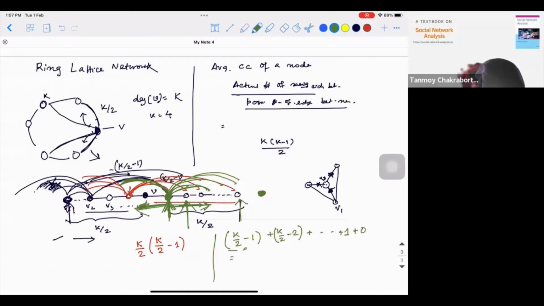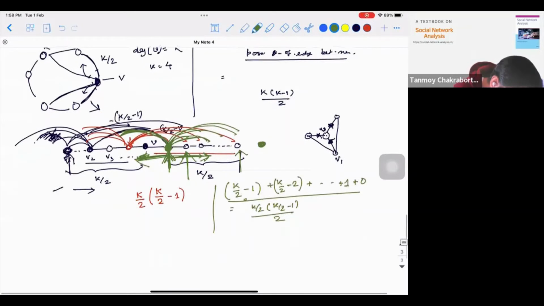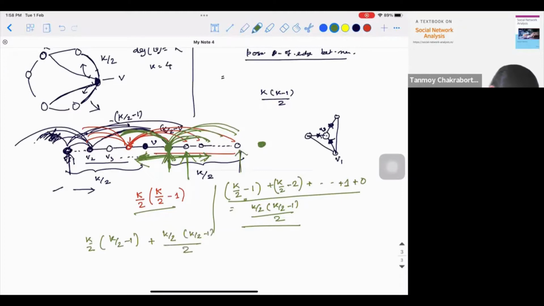So what's the sum here? K by 2 into k by 2 minus 1 by 2, right? So the total number of edges that we'll consider is this plus this. Total number of edges among the neighbors is k by 2 into k by 2 minus 1 plus k by 2 into k by 2 minus 1 by 2. So that means 3 by 2, right? 3 by 4.